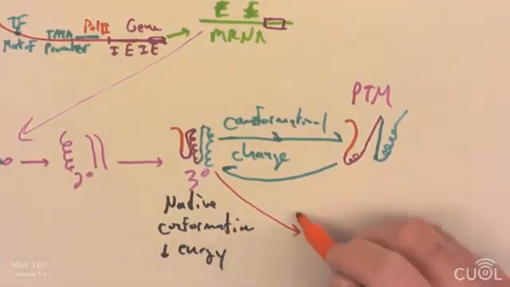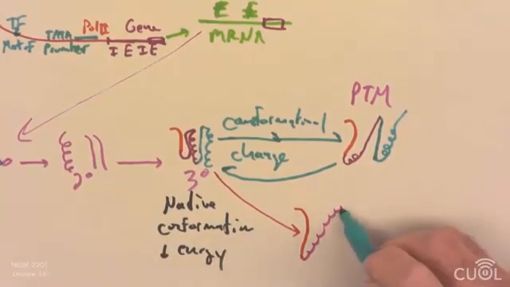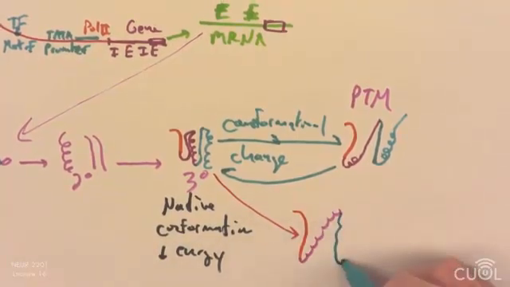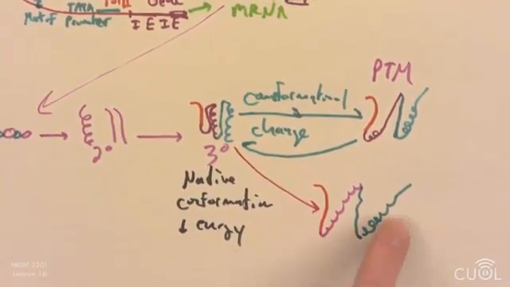So we could still have the same protein, but now maybe it's folded in this different way for whatever reason. I'll just put this here. But it's stuck there. It doesn't go back. And that's where you get into problems.